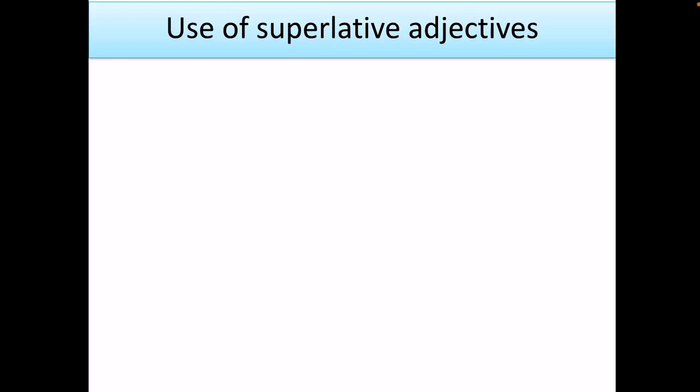Now let's study the use of the superlative adjectives. Okay, استخدام superlative adjectives.